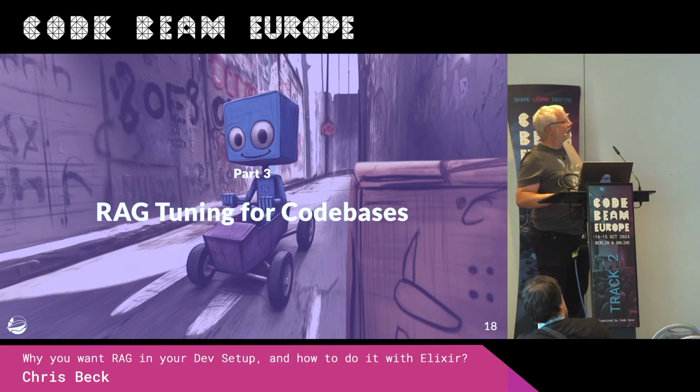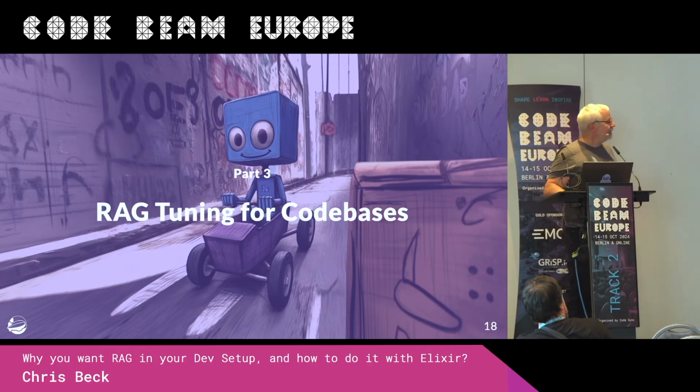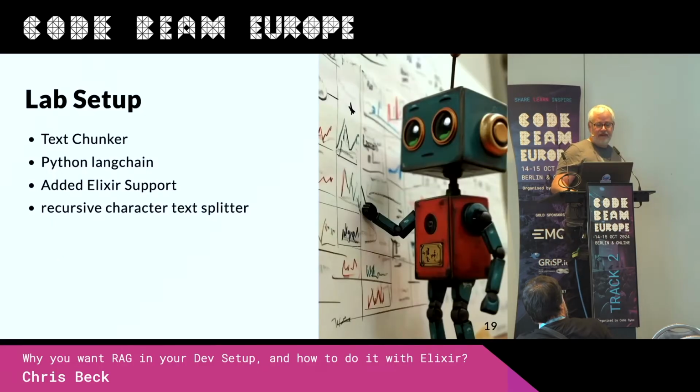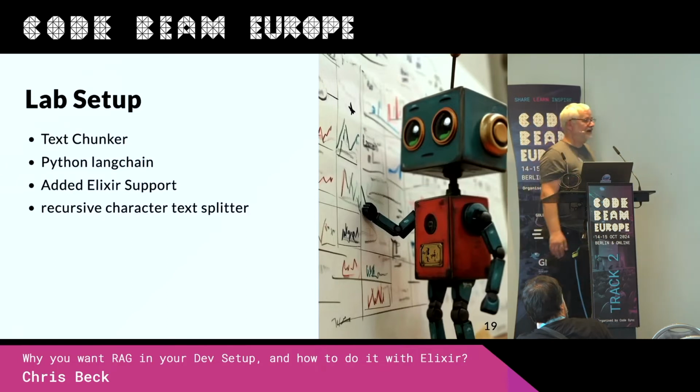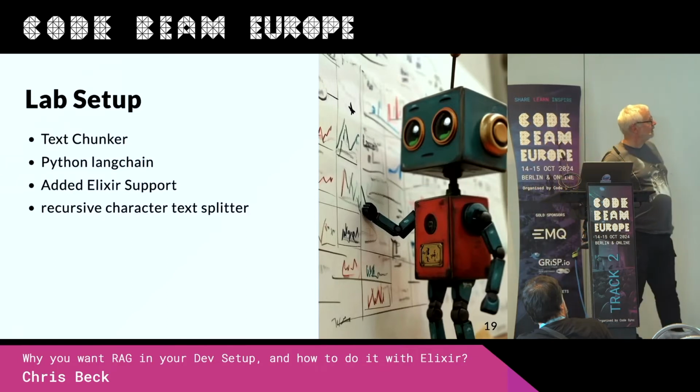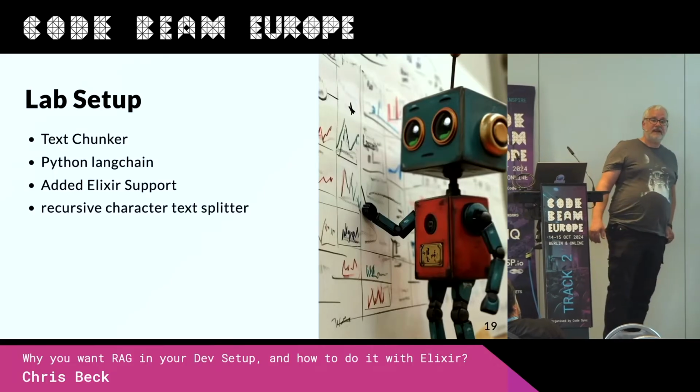So, RAG tuning for code bases. When you want to train your RAG to improve, you should have some kind of lab set up. We use text chunker from Elixir together with Python from LangChain.